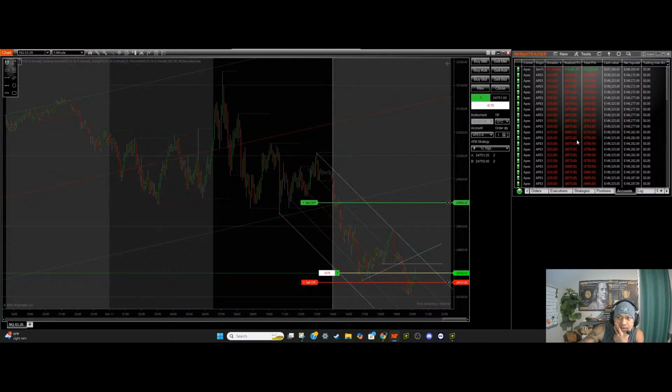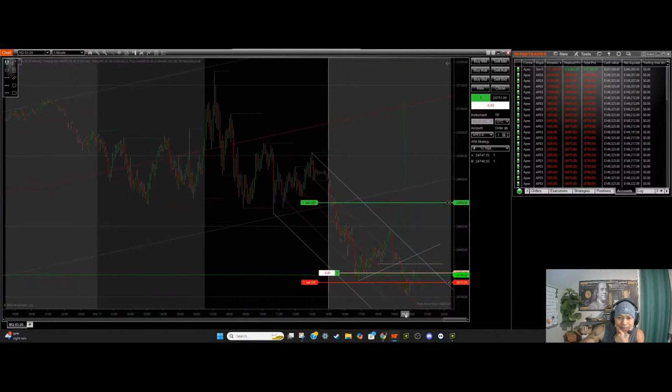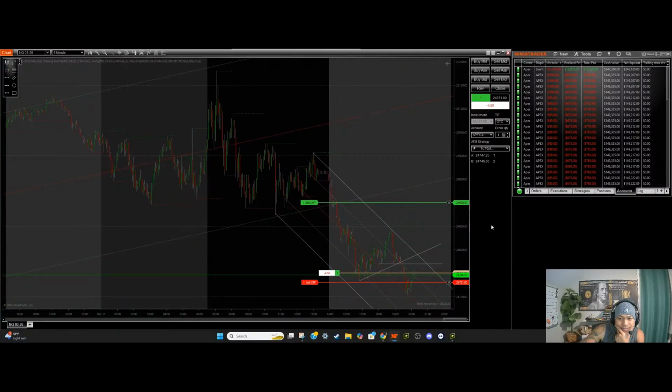Now we're negative 700. Don't tell me this thing is going to sell back down and take us out on the low side. That would be annoying, but oh, NQ, NQ, NQ.